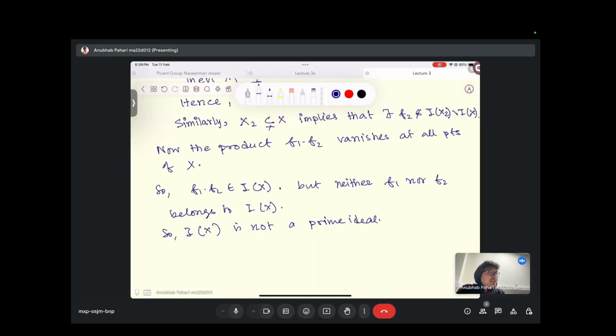For the second direction we again prove the negation. Let I be not a prime ideal.